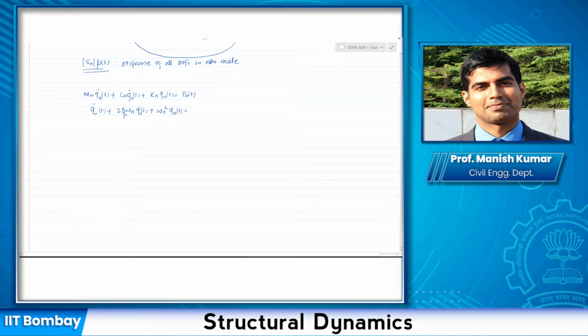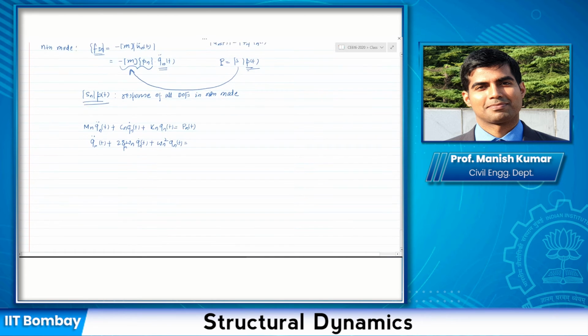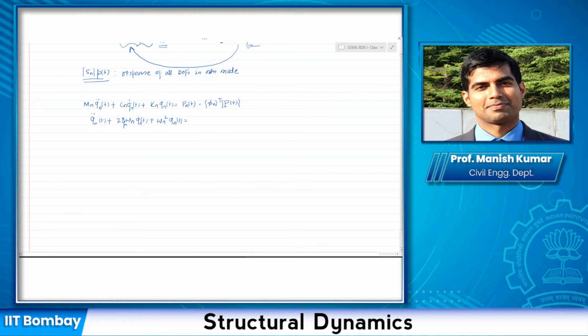Now remember, p(t) I can write as the spatial distribution times the time variation, the p vector times p(t). When I multiply with this phi_n transpose, and p(t) can be written as spatial distribution and some time variation, I can write it like this, and I'm dividing it by mn.